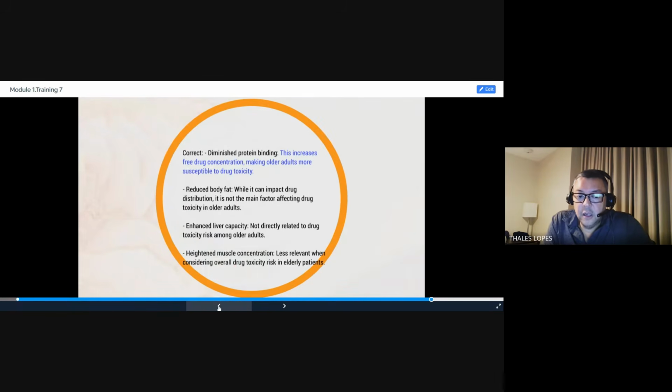Now, test questions would be more clear in the asking. Please, please, please, when answering a question, ask yourself what is the core of the question and answer it before looking at the choices. You say, okay, when treating older adults, what would I be concerned with? Then you answer without looking, and then you match.